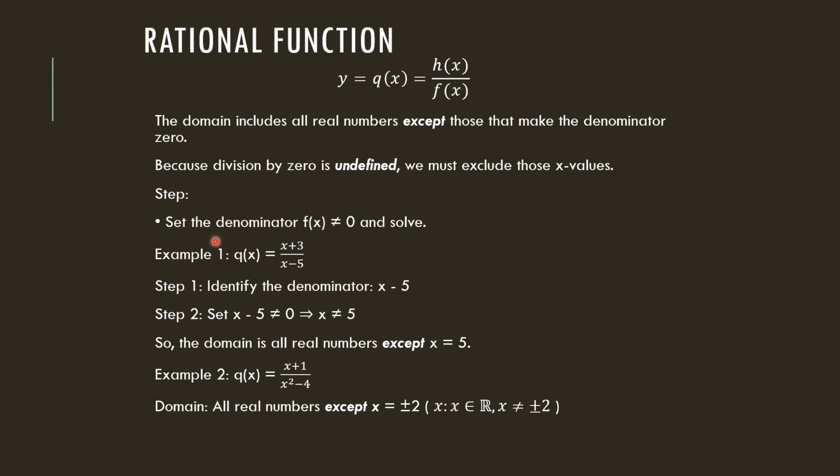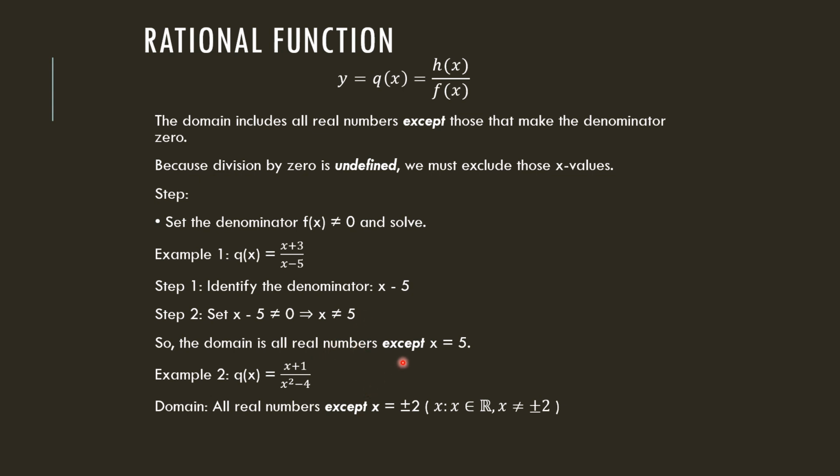An example of a rational function is x plus 3 divided by x minus 5. We identify the denominator as x minus 5, and the denominator will not be equal to 0, so we make x the subject, giving x not equal to 5.